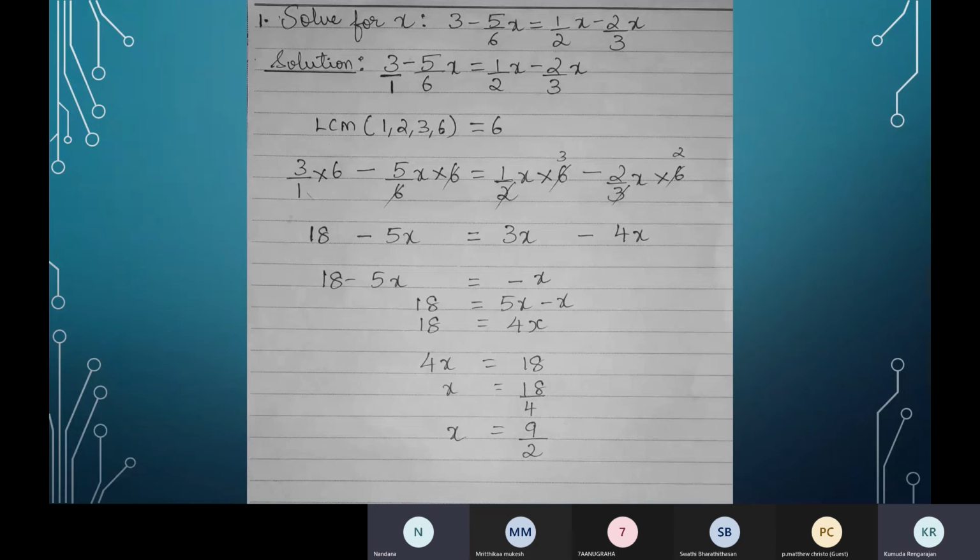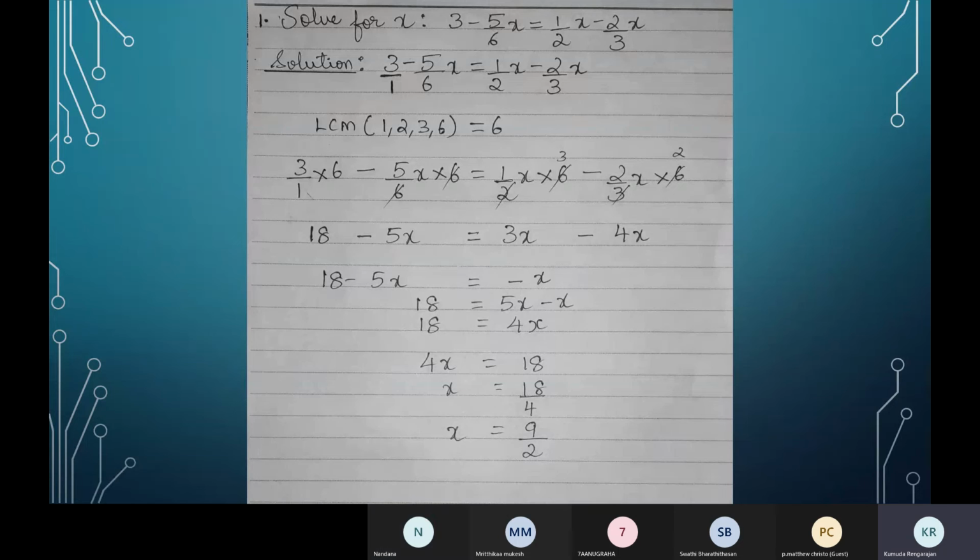Yes, okay. So in the given equation, how many terms do you see in the left hand side? 2 terms, ma'am. In the right hand side? How do you make out 2 terms? What are the 2 terms in the RHS? 3 minus 5 by 6x. Okay, that is the left hand side.